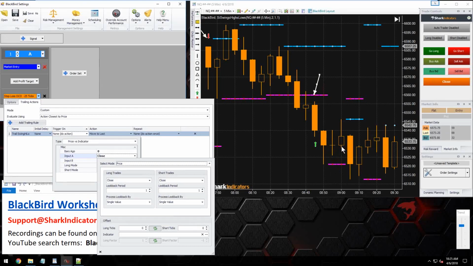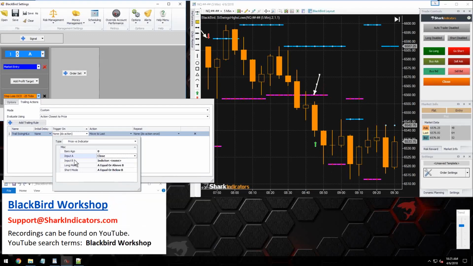But maybe the low of this bar is now far enough away from the swing indicator, and so now it's okay to move the stop loss up to the swing low based on the low of the bar. There's lots of ways that you can approach this, but I'll say probably the typical way is people are going to look at the close of the bar, the closing price of that bar. So I'll just use the closing price here for now.